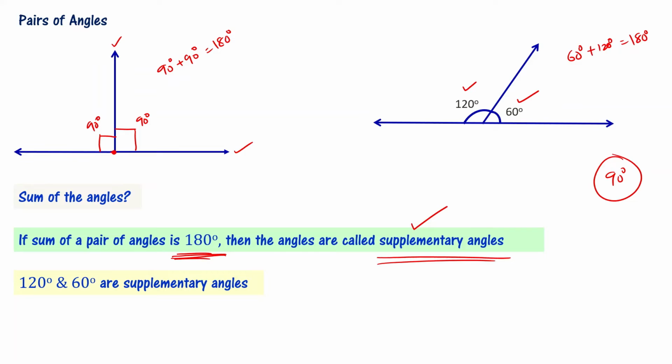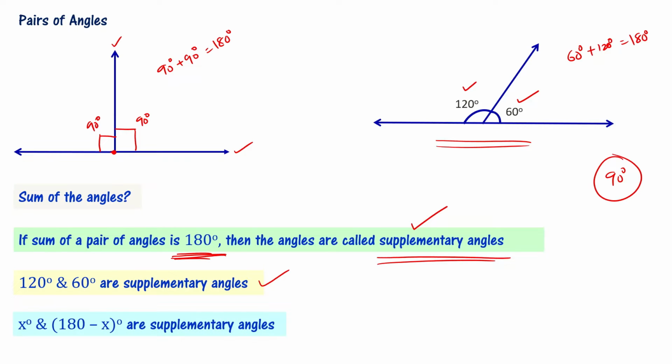So here 120 and 60 are supplementary angles. Similarly, if I have x degrees, then 180 minus x is going to be its pair, right? So this is going to be a pair of supplementary angles. X degrees and 180 minus x degrees are supplementary angles. Please note this.